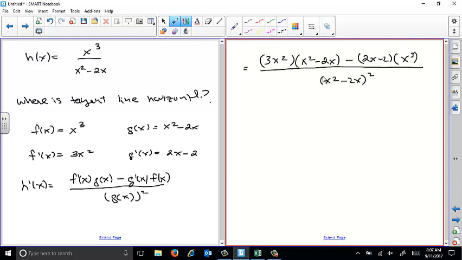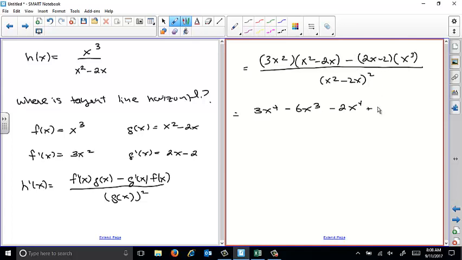Okay. And then what we're going to do is, when you have polynomials like this, you want to go ahead and simplify it. So we'll multiply out the numerator. So we'll get 3x to the 4th, this times that, minus 6x cubed. And then we have negative 2x times x cubed, so that's minus 2x to the 4th. And then we have negative times a negative, which is positive.